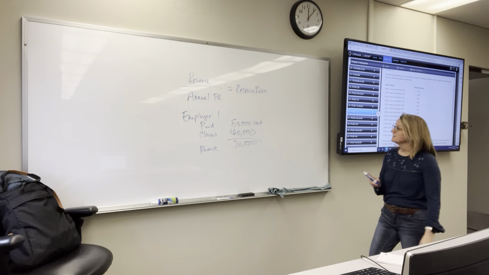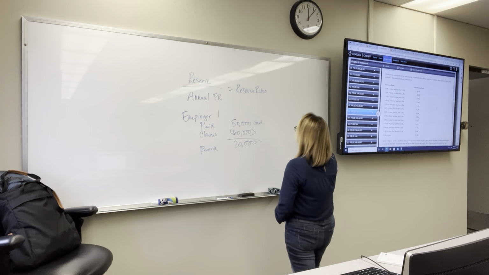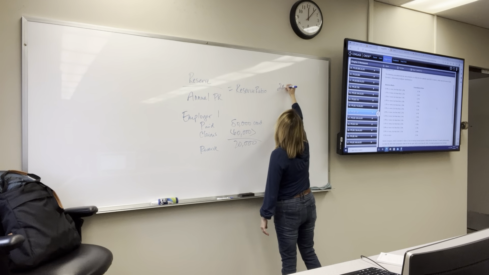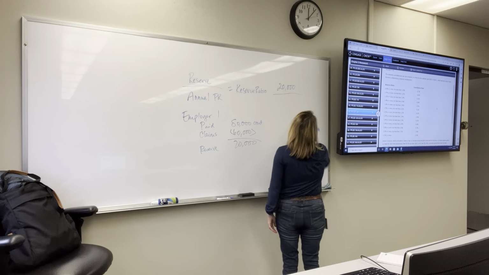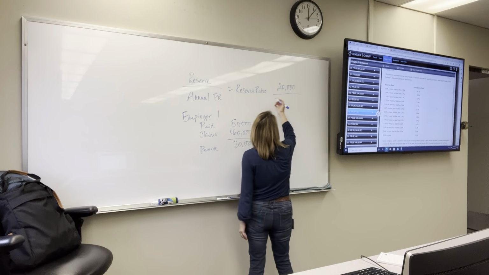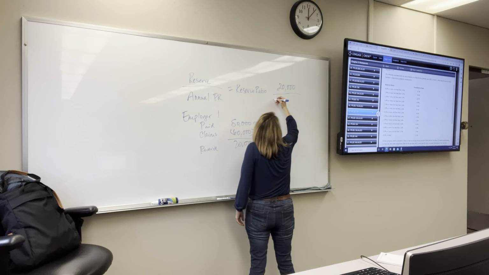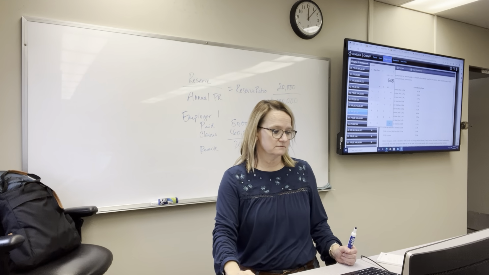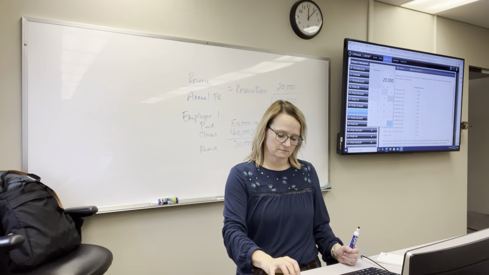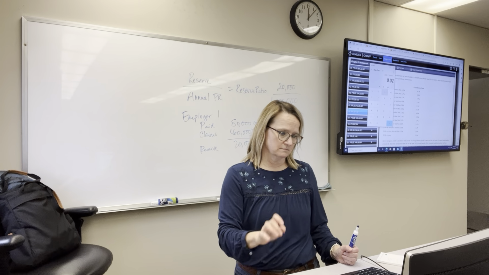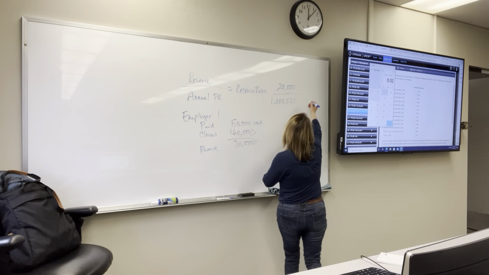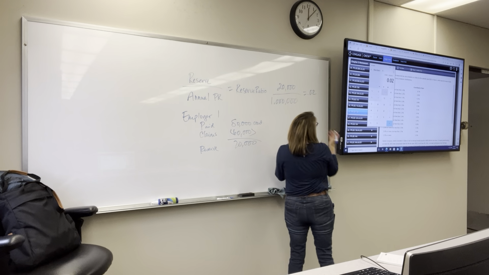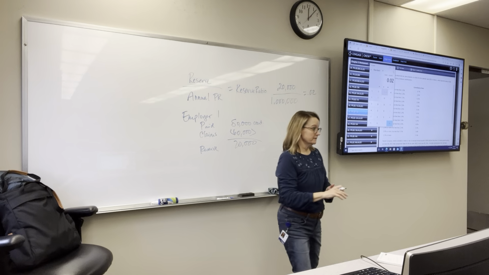So for example, if our reserve is, well, let's say we got 20,000, and our annual payroll is, let's just say $1 million. We do the math on that. .02 is our reserve ratio, or 2%, right?